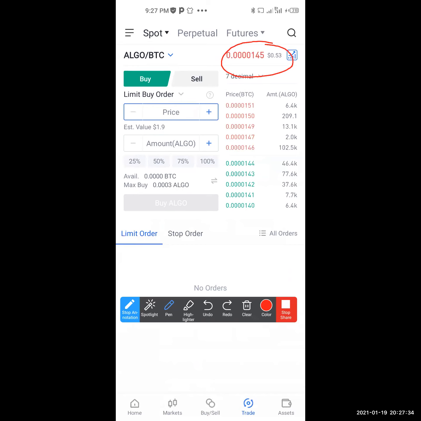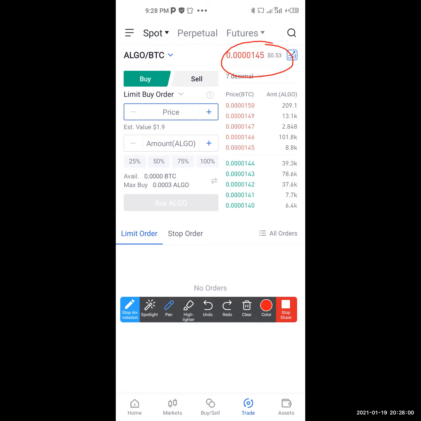You look at this place now, that's the market price. This is the market price as opposed to the Satoshi and dollar value. I explained this Satoshi and dollar value in yesterday's video, so when you watch it, you get it clearer.